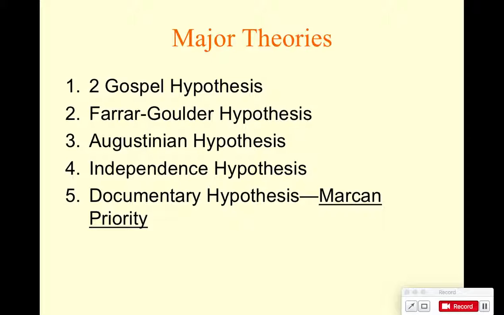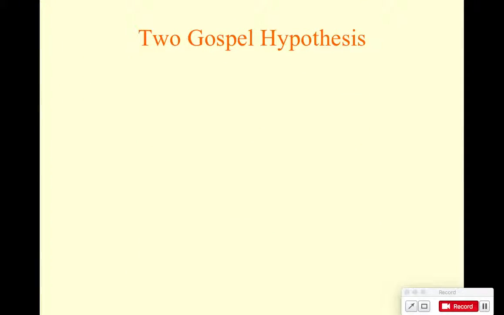But we're going to focus mainly on this last one right here, the document hypothesis, which is also called the Marcan priority. I'm going to go through these in your notes. You can just follow along and fill in the information as we go through.